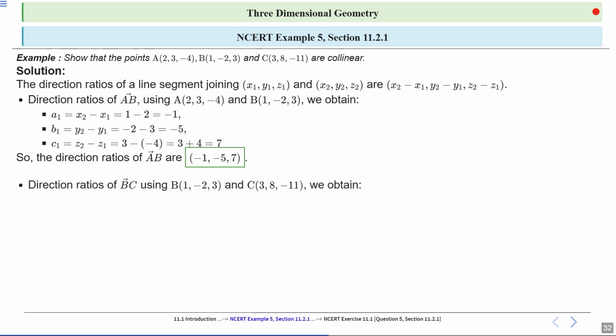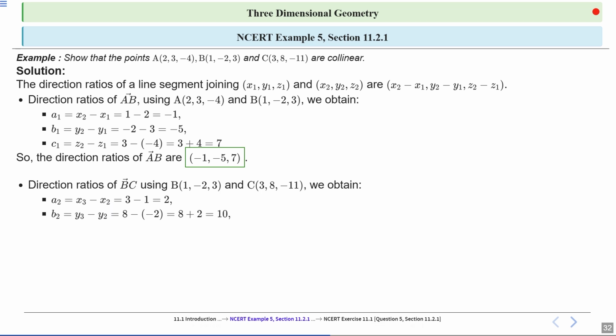Now let's find the direction ratios for the line segment BC. So we will use the coordinates of B, which are 1, -2, 3, and C, which are 3, 8, -11. So we will obtain A2 equals x3 minus x2 equals 3 minus 1 equals 2.